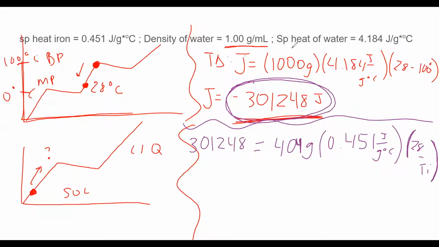So now let's solve this equation. Wait, do we change the sign? Since the iron is now our system, it's the one that's gaining the energy, so it changes the sign. That's the reason why it went from a negative. So your joules goes from a negative 300,000 to a positive 300,000.